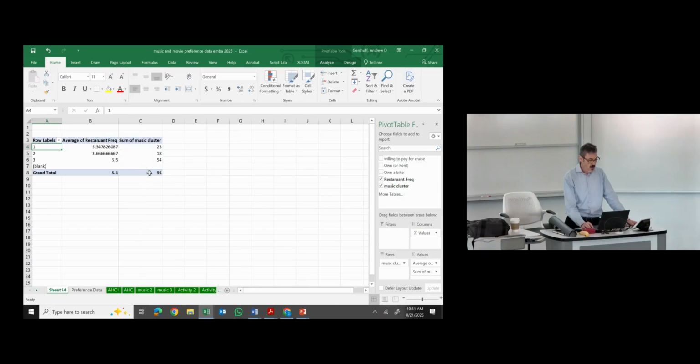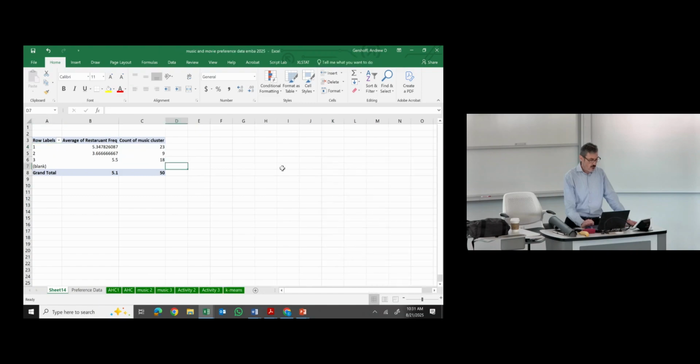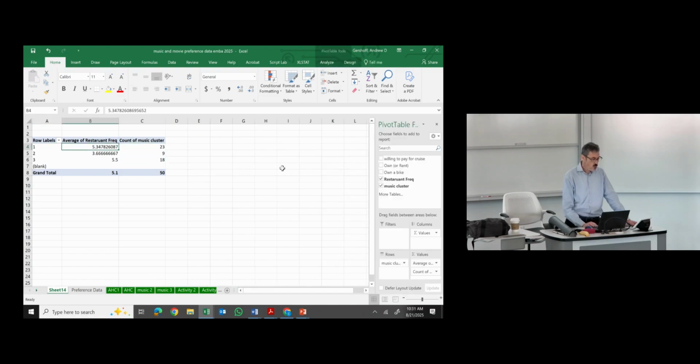And this count tells me how many people are in each one of these clusters. This one is fairly similar in terms of how often they go to restaurants, so maybe I can sell as much advertising, and it's a little bit larger. But I have to start with only one radio station.